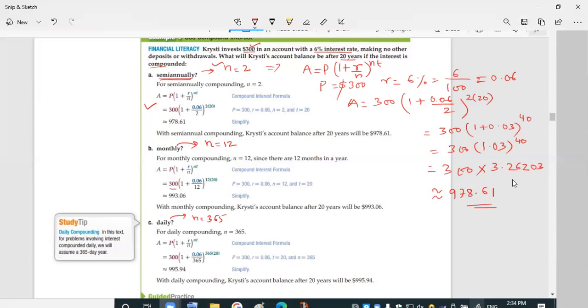Put 300 into 1 plus 0.06 divided by 12, raised to power 12 into 20, because we have to find the amount after 20 years. So this will be calculated.